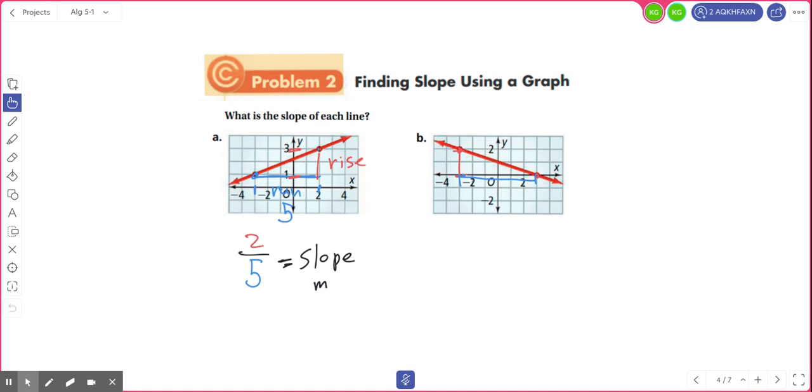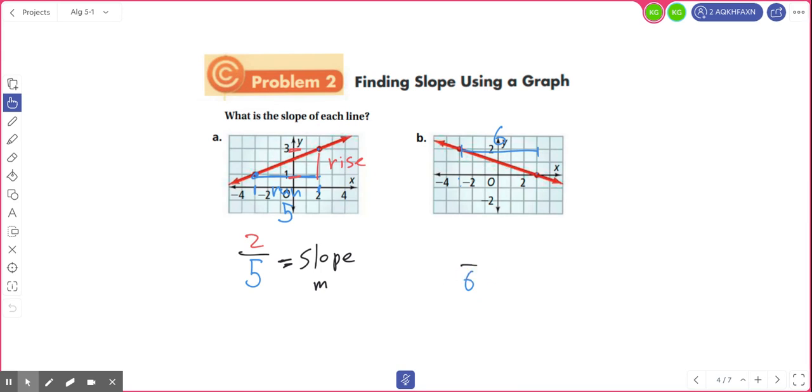I don't like the way I drew that. Let me draw it differently. All right, so my run, I'm going to draw it up here because I think it makes more sense, is how far? -3 to +3. That's a run of 6.